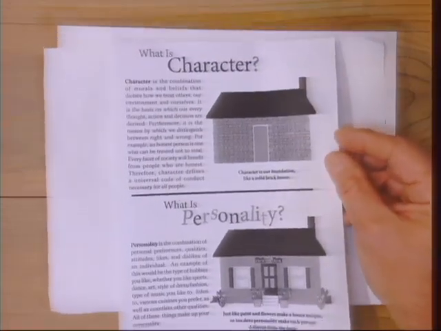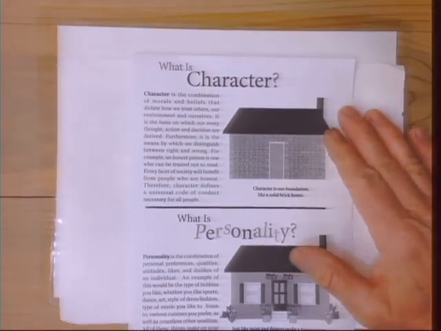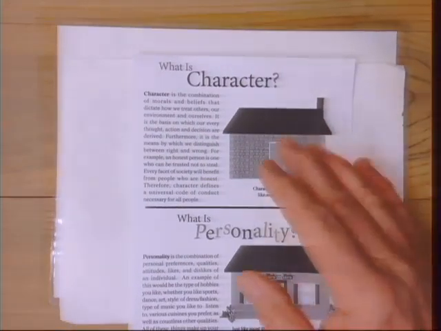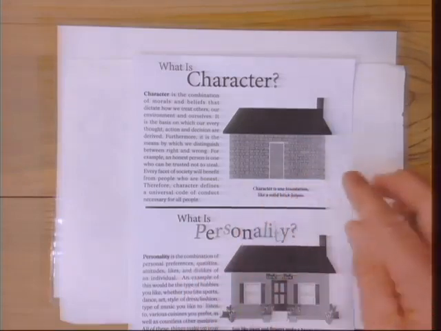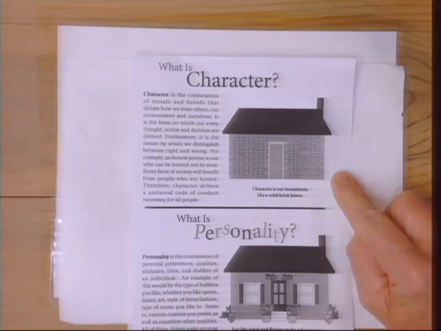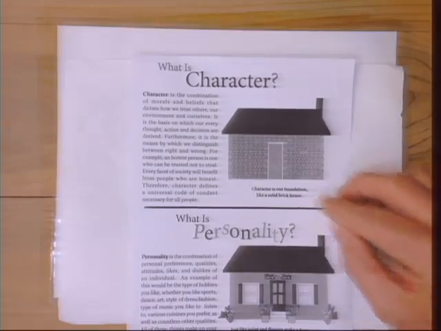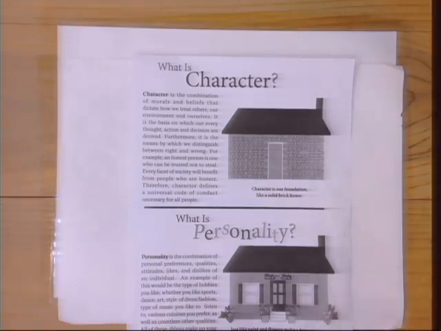This is a page out of another Peaceful Solution book, which really describes it pretty well. And, of course, if you look at this house right here, you see it's just plain brick, plain roof, got a door and a fireplace, right? Well, character is our foundation. It's like a solid brick house.